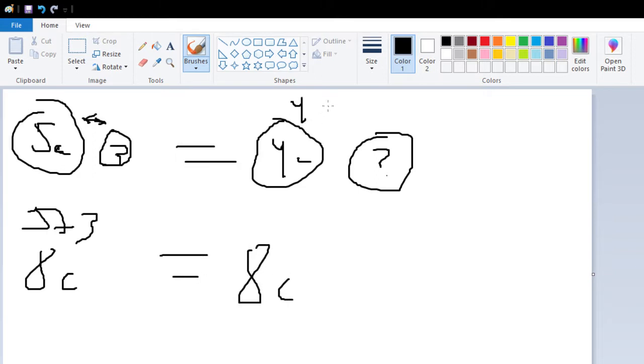So you have 4 plus a question mark, and now you know that this little sucker right here is equal to 4 coulombs. And that's basically demonstrating the law of conservation of electric charge.